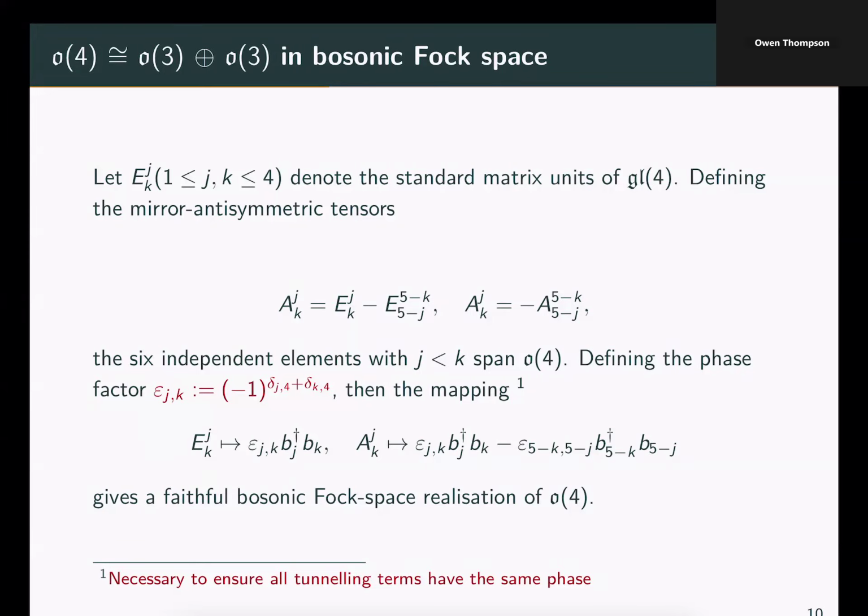Okay, and then we go from those onto a bosonic Fock space using this mapping. These are the boson creation and annihilation operators. So B_j dagger creates a boson on site j, and B_k destroys a boson on site k. And this gives us a faithful representation of the O4 algebra as a four-mode bosonic Fock space.